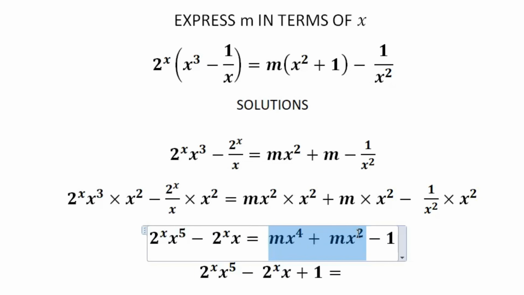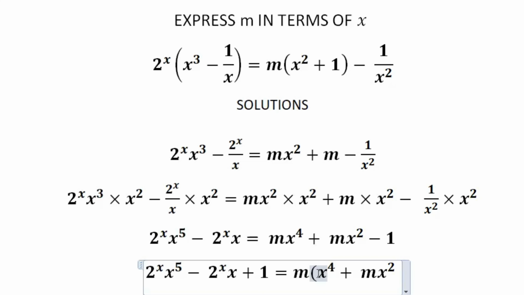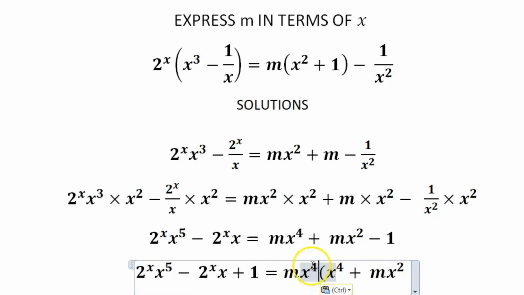In factorizing, we make m come out. Let's simply factorize that. In factorizing, m comes out, and we have x, mx into that, because that's a common one. Then we have mx all squared. Good.